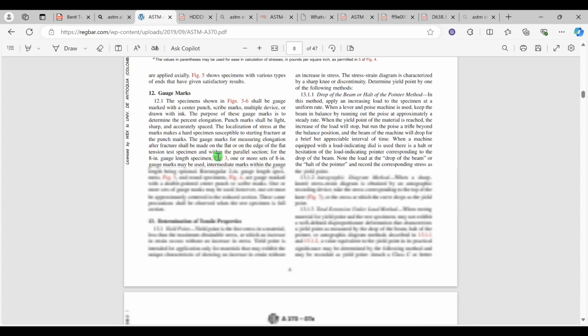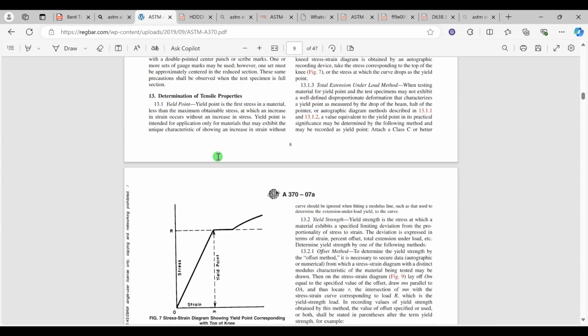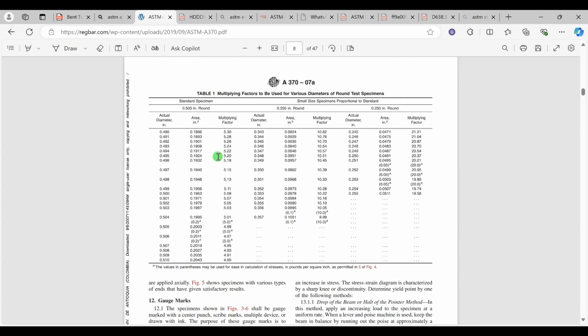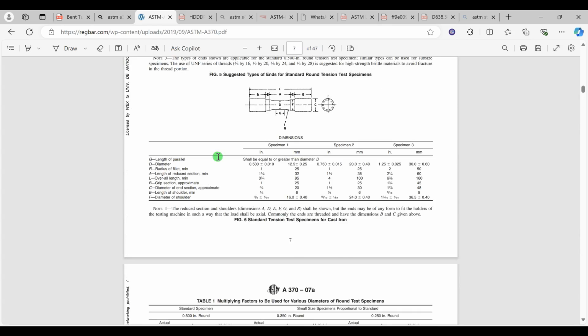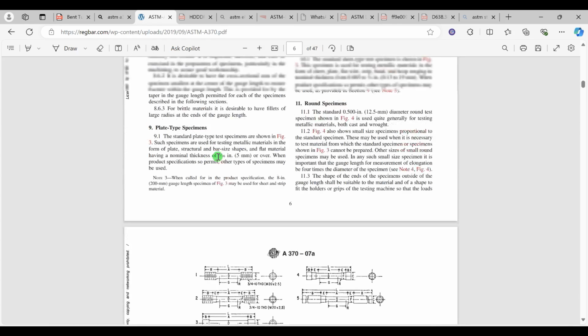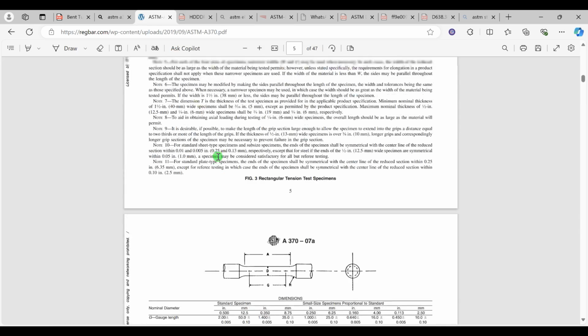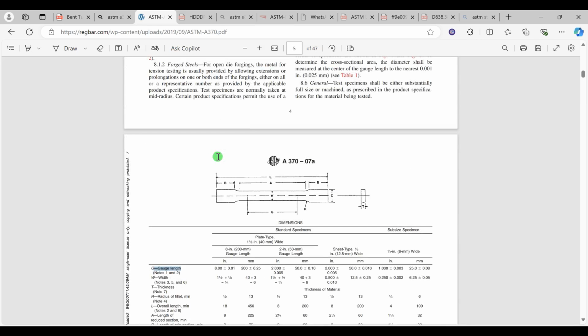This depends on the standard you want to use, but in this standard it's not necessary to consider a specific area for gripping.